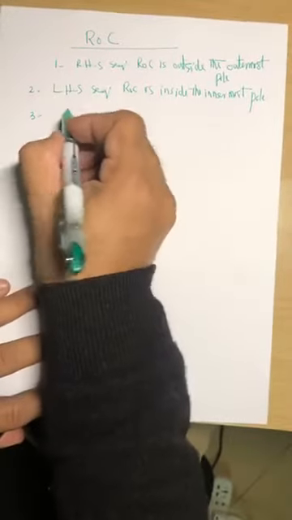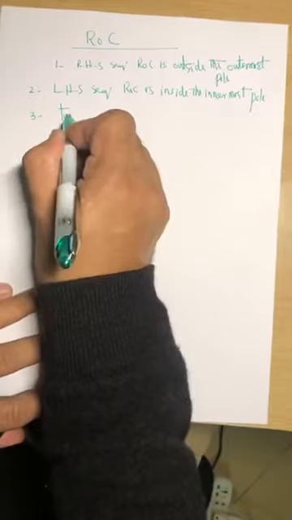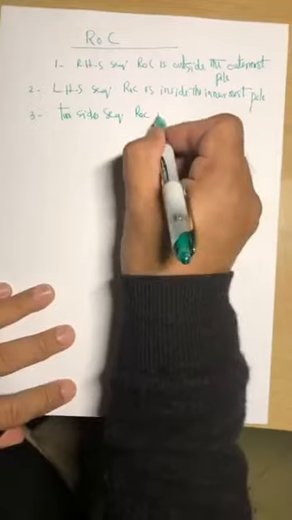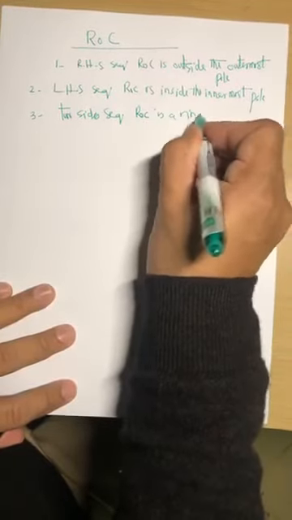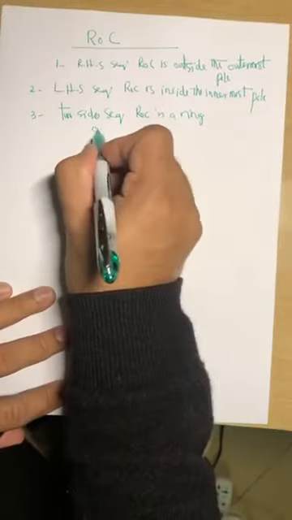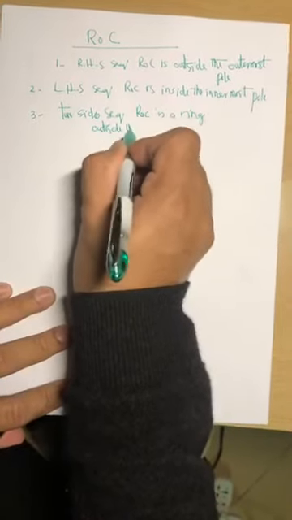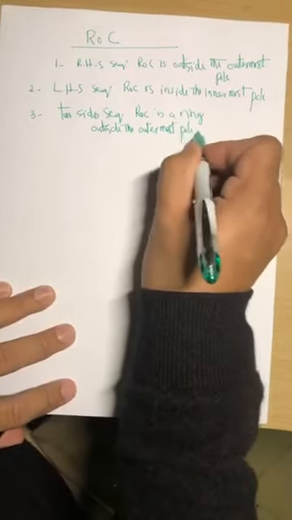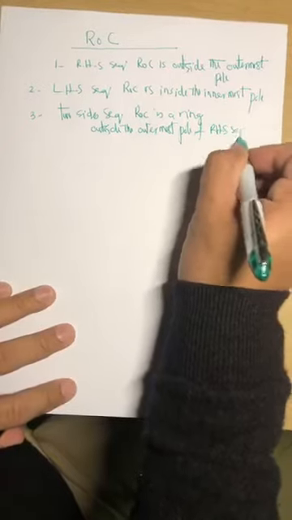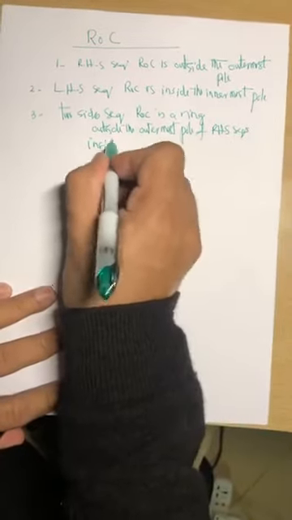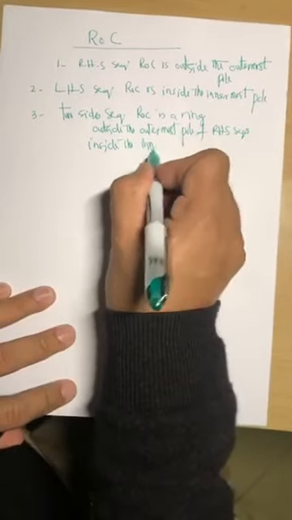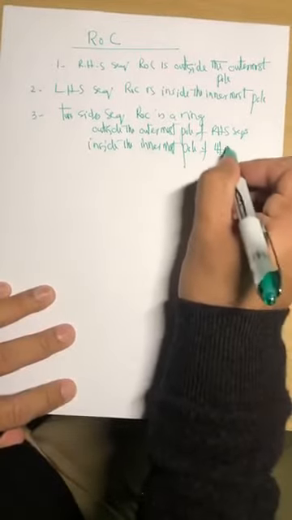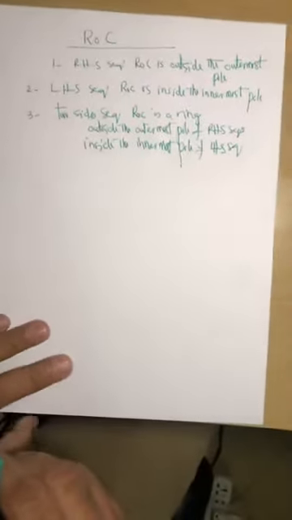Number 3, for two-sided sequences, the region of convergence is a ring which is outside the outermost pole of right hand side sequences and inside the innermost pole of left hand side sequences.